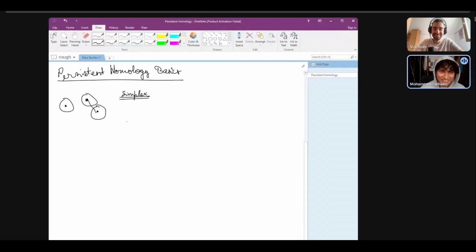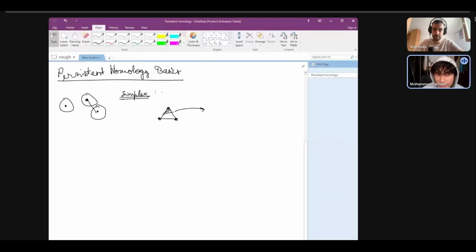Okay, so a simplex, right? It is a way to generalize a triangle. So in an intuitive sense, what we want is to generalize triangles. If we have 3 points, the smallest shape connecting all 3 points is a triangle, like this.